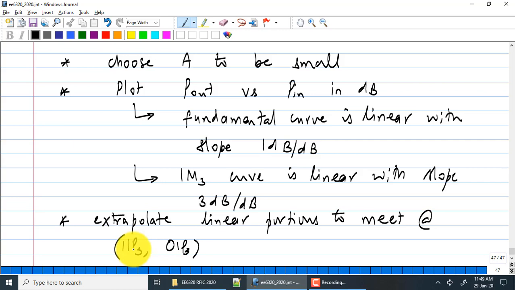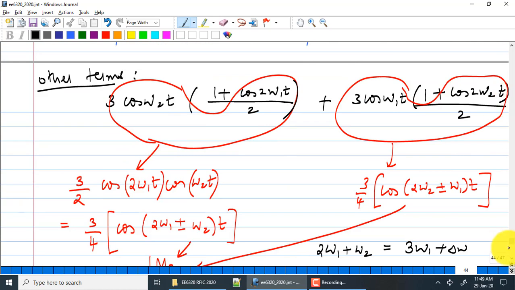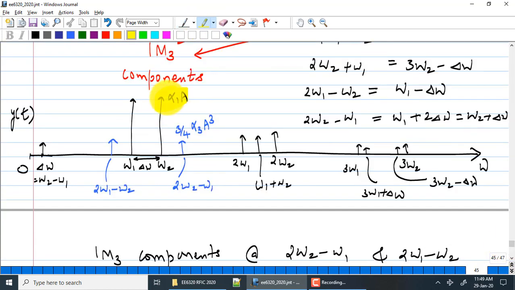You don't need to do two separate tests, one to find out the fundamental, one to find out the IM3, because if you monitor the amplitude of this, that already gives you the fundamental. So what you are plotting on those two axes is alpha 1 A and 3 by 4 alpha 3 A cubed. Make sense? Okay.